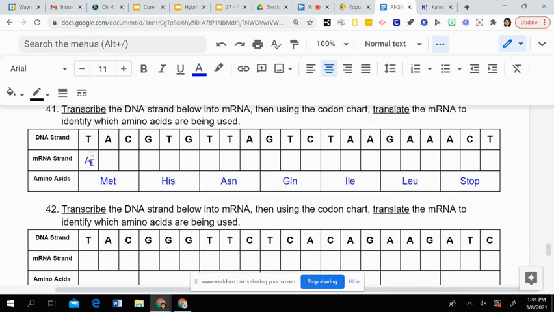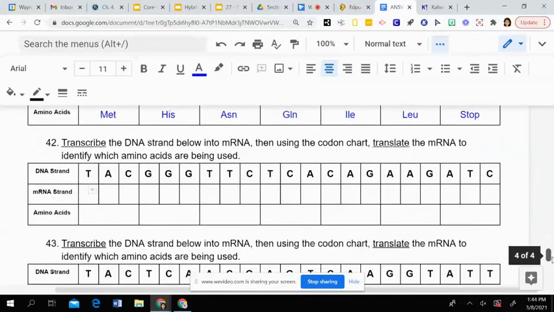Your bases would be ILE. Okay, so that first one would look like this. I'm going to keep going through here.